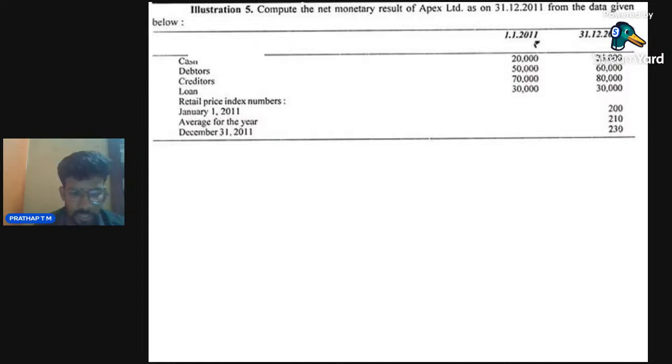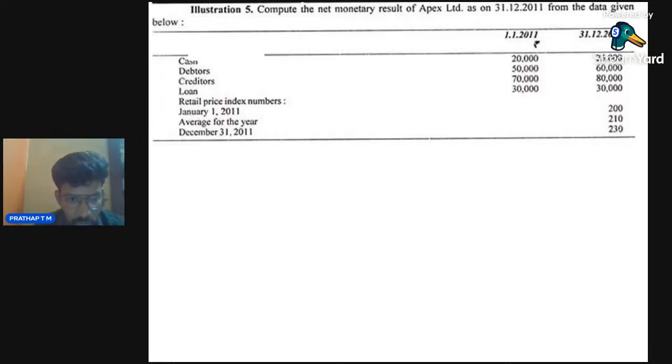You can mention here that the opening is 70 plus 30, 100, and the closing is 80 plus 30, it is 110. So the difference between opening and closing is 10,000, increased.